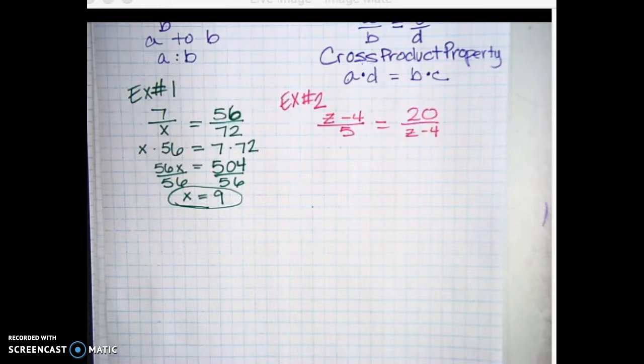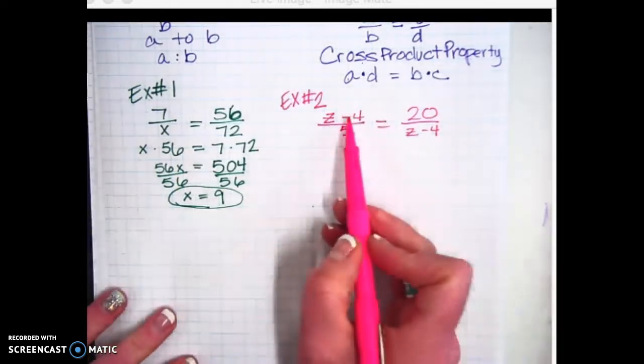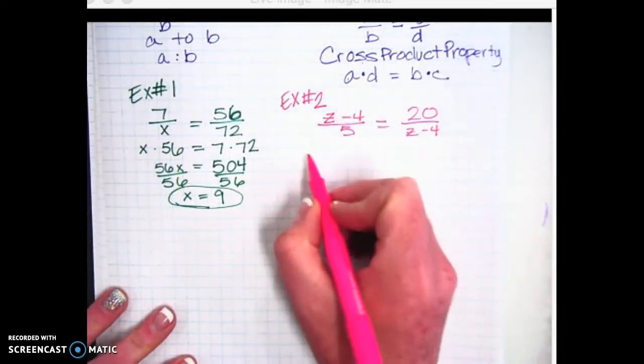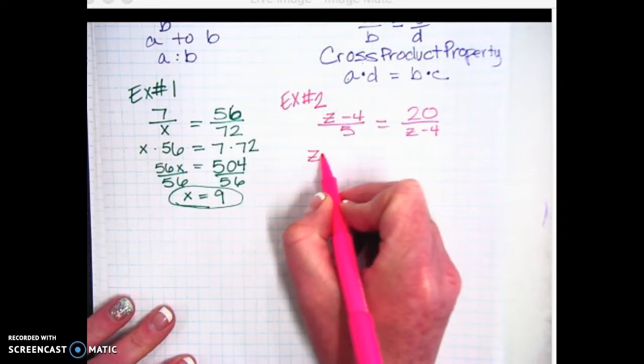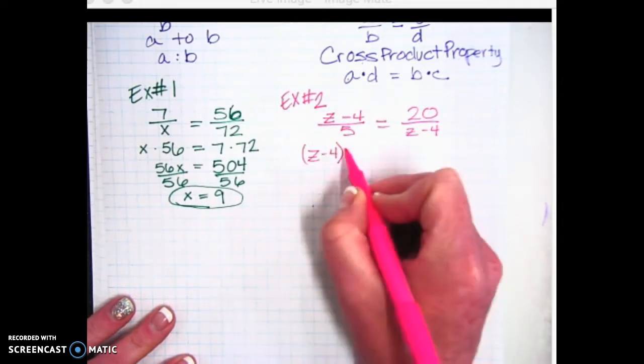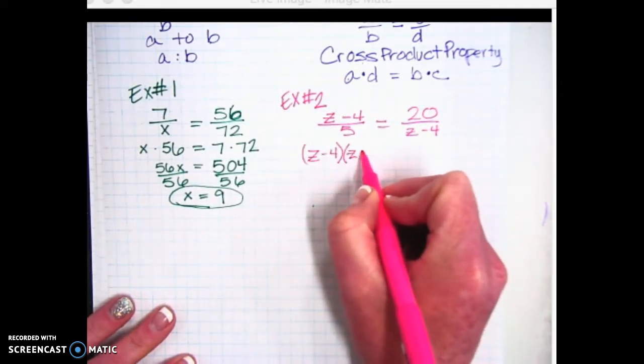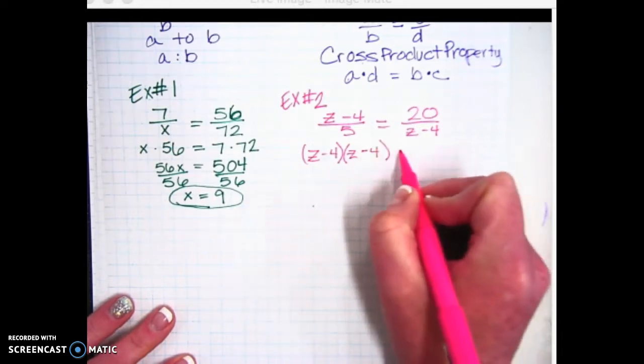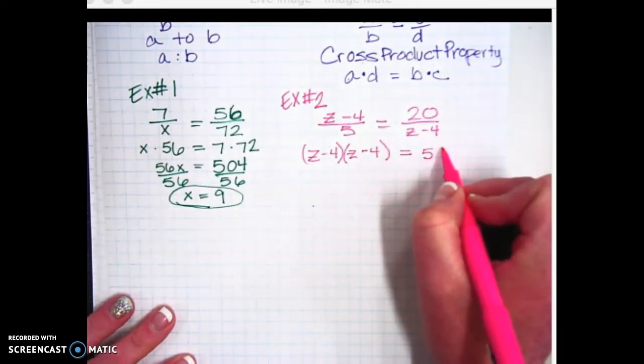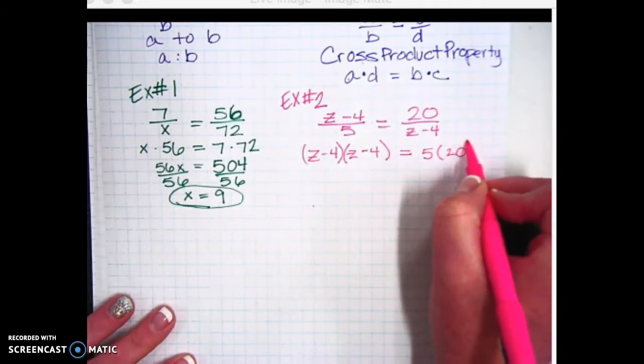Because now we have 2 variables. You see that? The z minus 4 and the z minus 4. Okay? So let's see how we're going to deal with that. We're still going to do the cross product property. So we're going to go this times this. So z minus 4 times z minus 4 equal to 5 times 20.